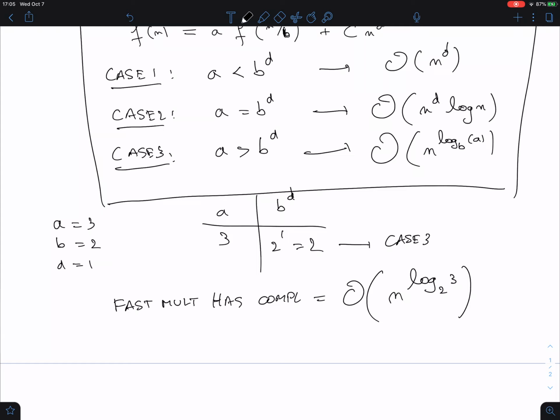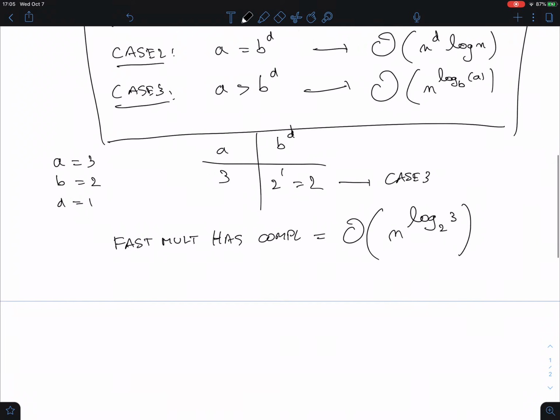You say, what is that? What are you doing there, Professor? Log 2 of 3, what does that mean? Well, that is about 1.6, so this is O(n^1.6). This might be something you are not used to anymore, that powers do not need to be whole powers. In calculus we have seen that you can take any type of power.